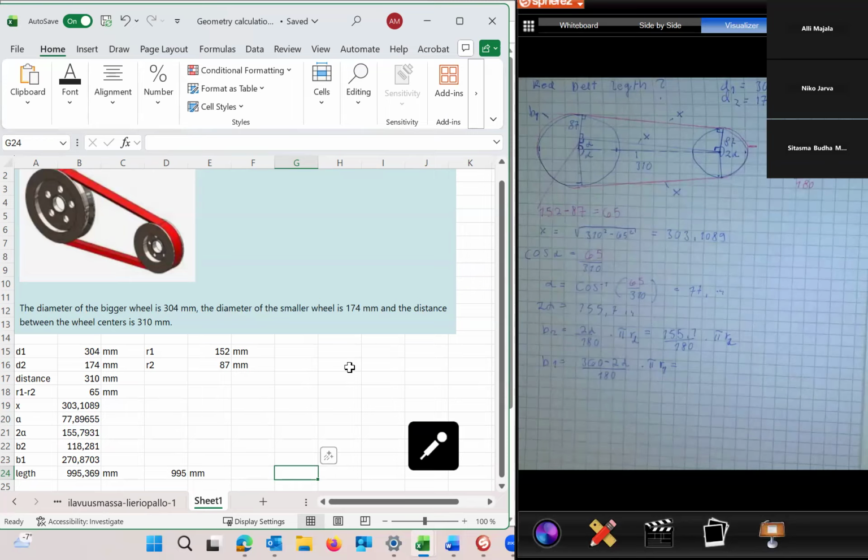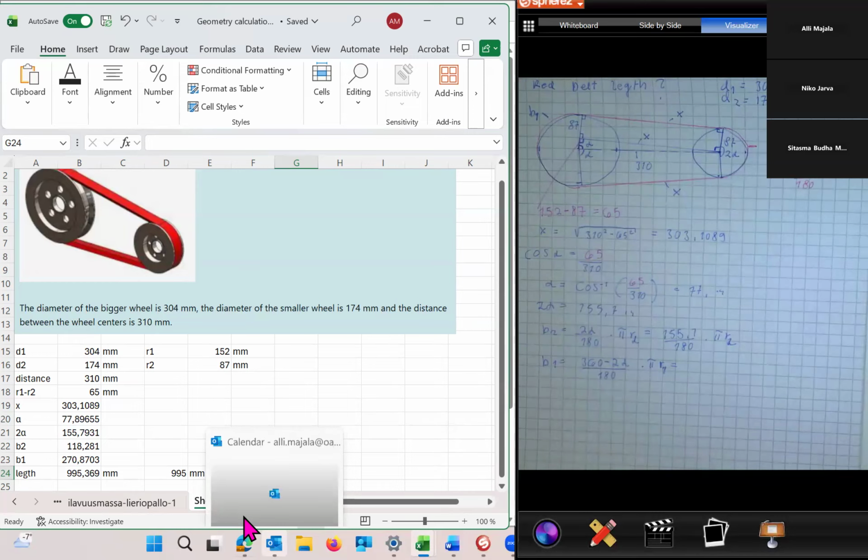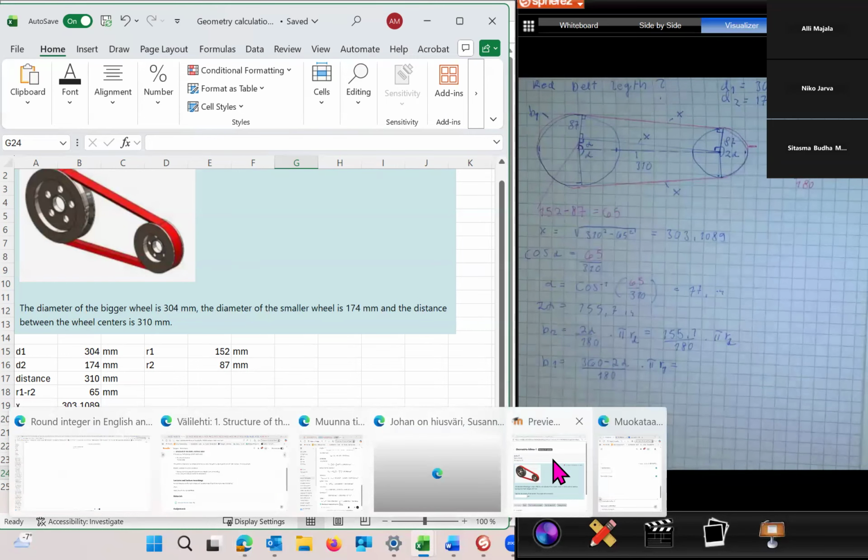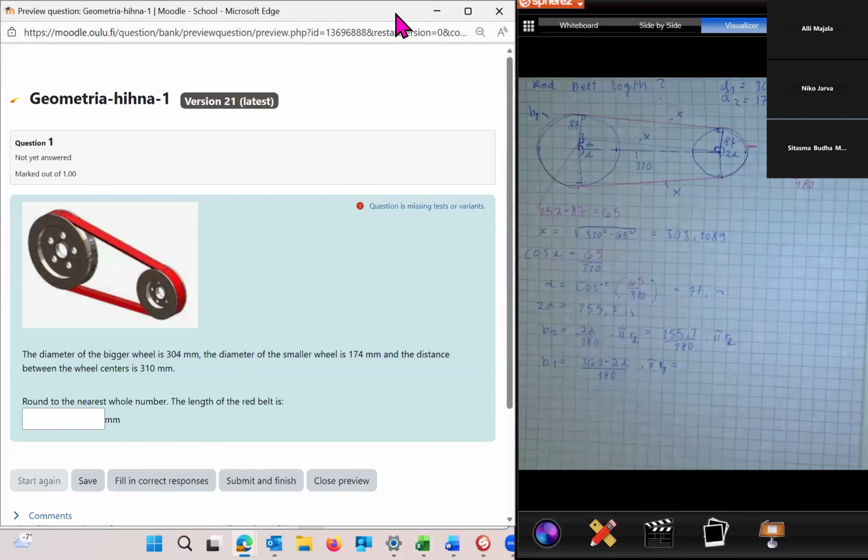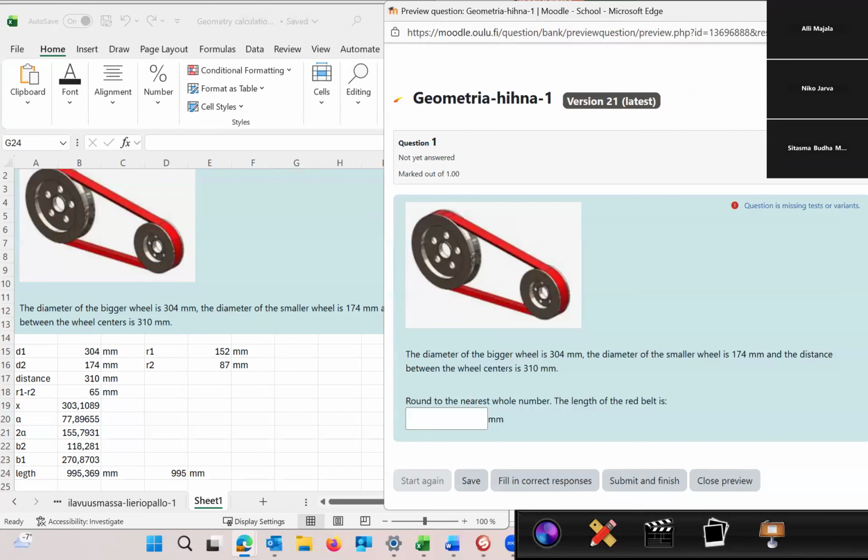Yes, whatever. The most important thing was to try if I calculated correctly with my Excel. And I have the same numbers there. So then I put there, this is in millimeters, so I can just put 995 there.